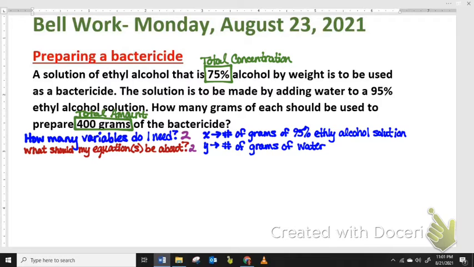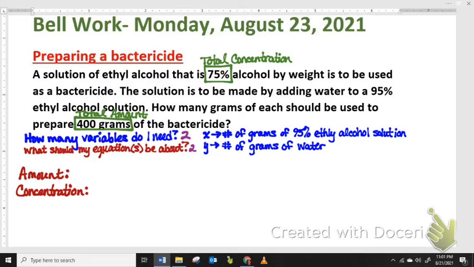So I'm going to write one of my equations about the amount, since I have a total for that, and I'm going to write the other equation about a concentration, since I know what I want to end up with there. All right, so we have amount and concentration. Let's do the amount one first.